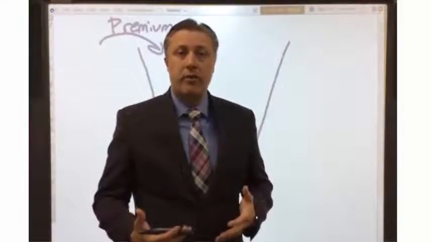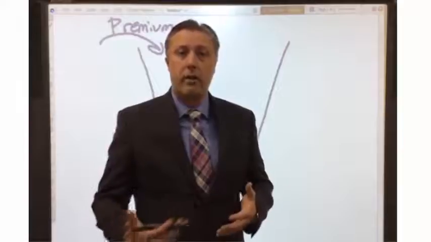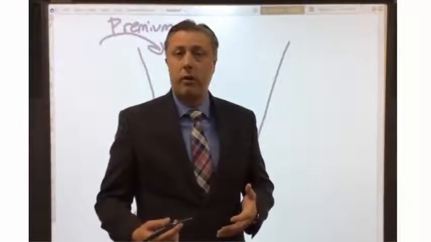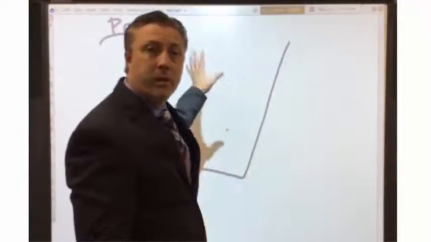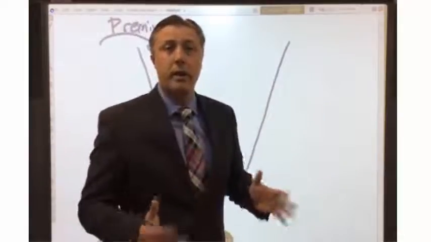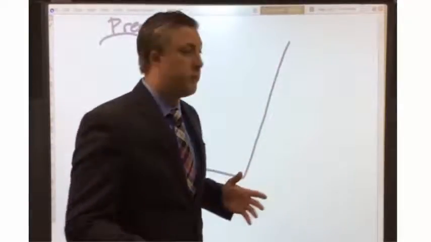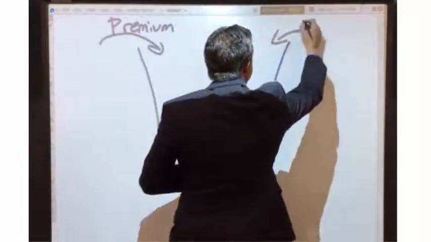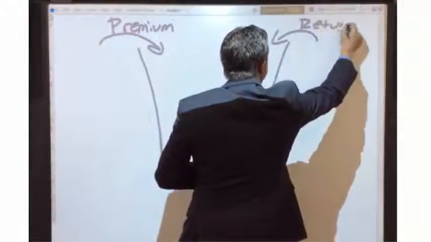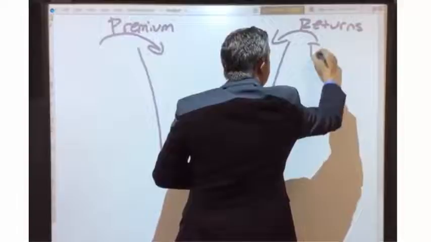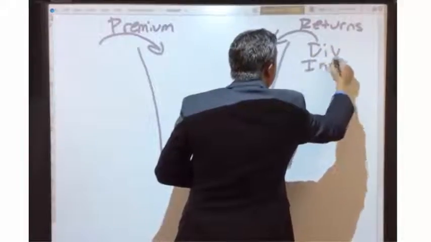And the performance of that money is going to grow dependent on the performance of that portfolio. So not only does the premium go into the bucket, but we're hoping that also returns go into the bucket. Dividends, interest.